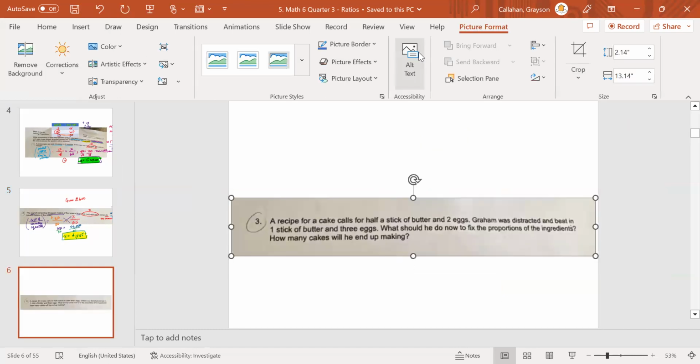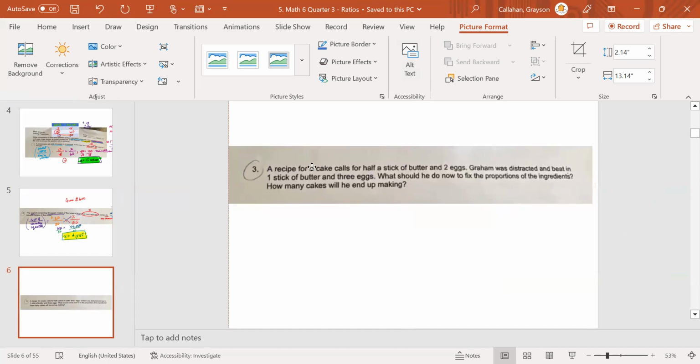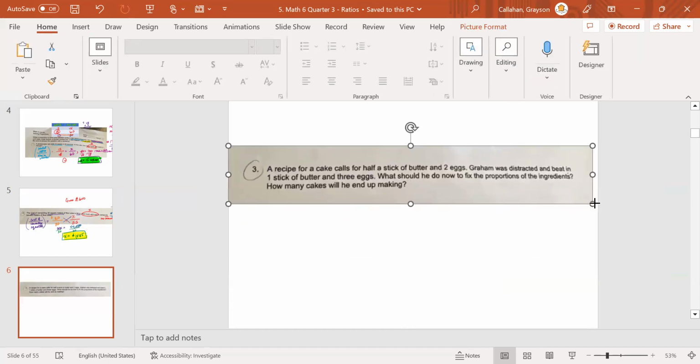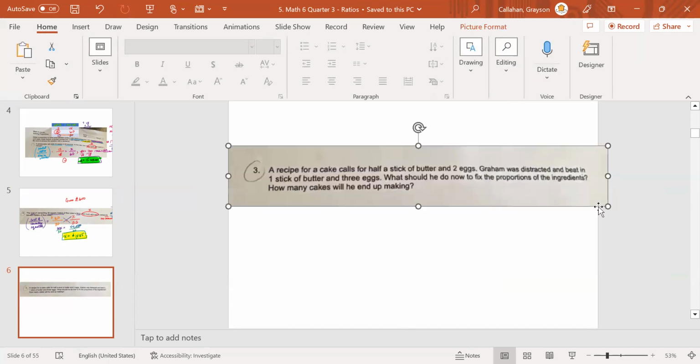Read number 3, please. So the recipe for a cake calls for half a stick of butter and 2 eggs. Grandma got distracted and beat in 1 stick of butter and 3 eggs.